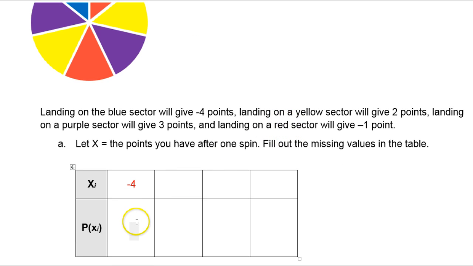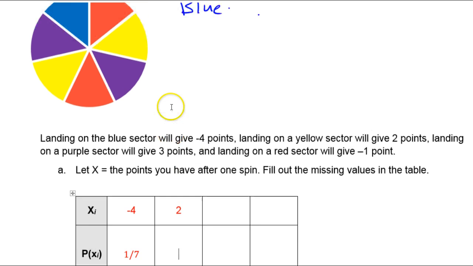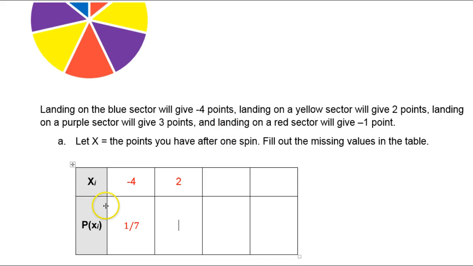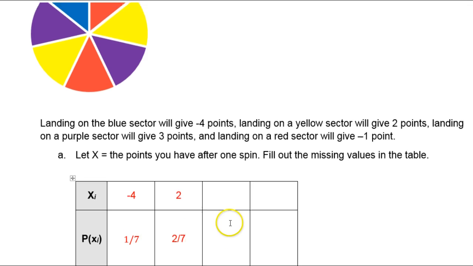All right, so the probability of hitting this -4 value is 1/7. Okay, now let's see what's next. Landing on yellow gives you 2 points. So we're talking about 2 points, but probability, there are 2 yellow sectors. So the probability of landing on yellow is 2/7, 2 out of 7.